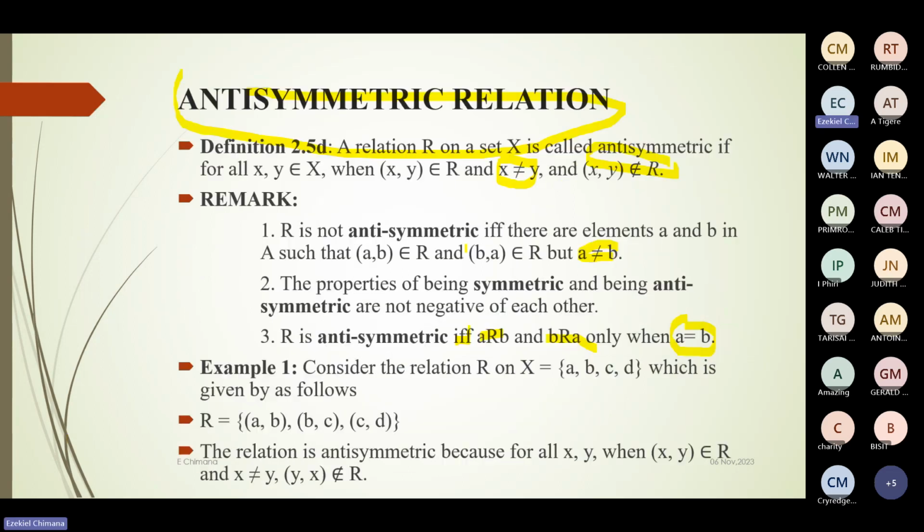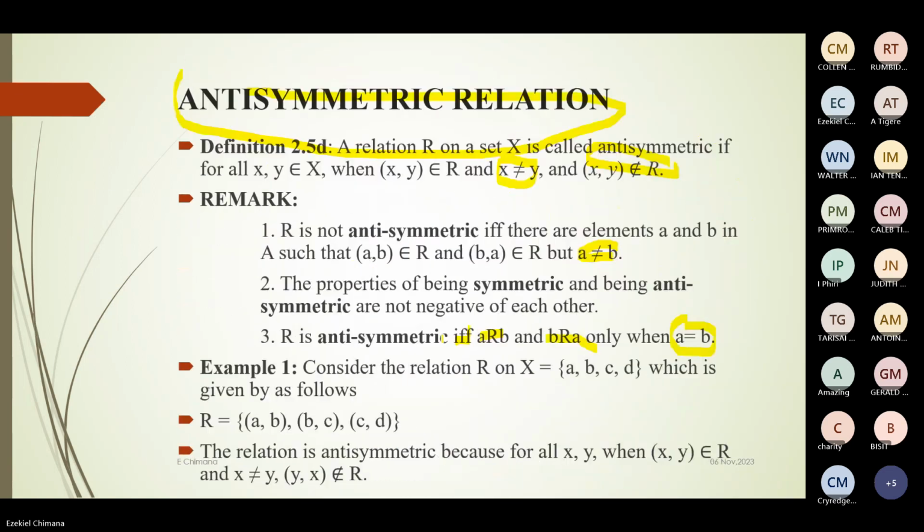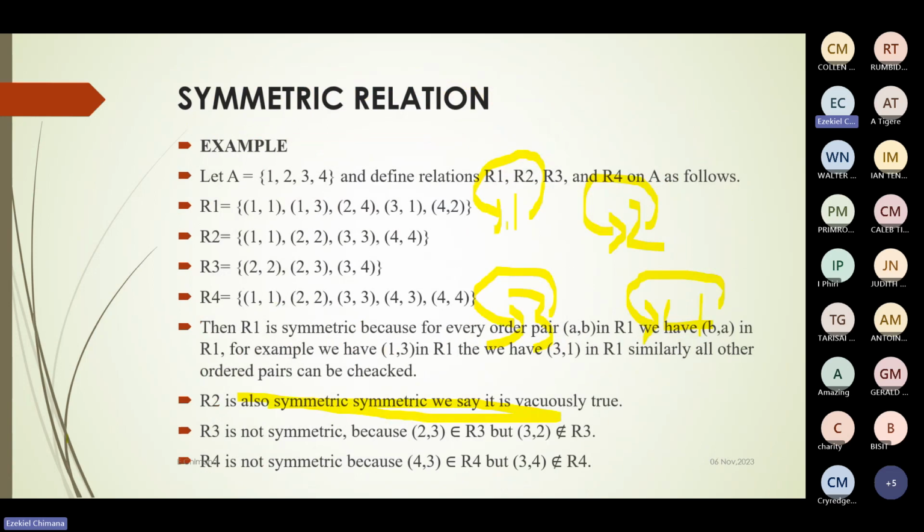So if you go to the properties and read these properties, a symmetric relation has the property that whenever there is a directed edge from V to W, there's also a directed edge from W to V. And reflexive is a loop at every vertex. So if you look at the diagram that we have drawn here, whenever we have an edge from 1 to 1, we also have a 1 to 1, just like that.